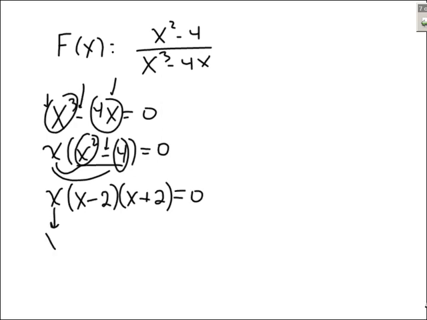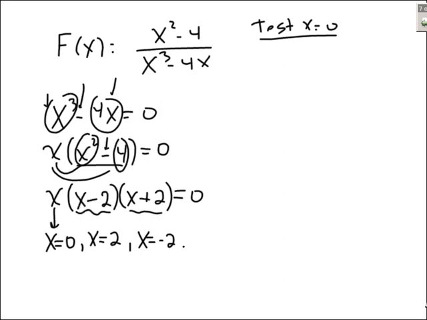So either this factor is 0, and that happens when x is 0, or this factor is 0, that happens when x is 2, or this factor is 0, and that happens when x is negative 2. Okay, let's look at 0. I'm going to test x equals 0.